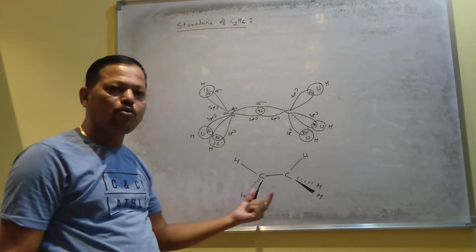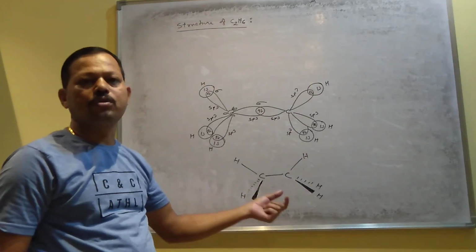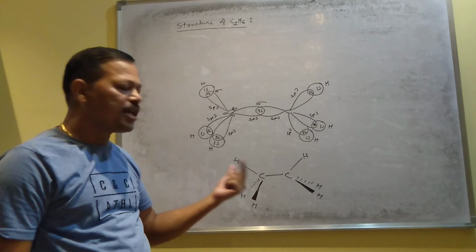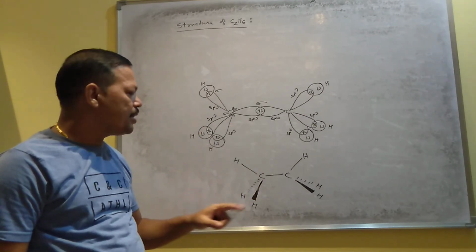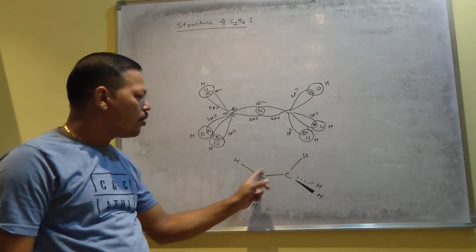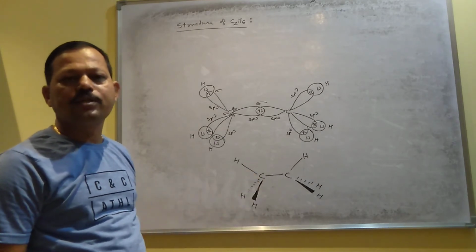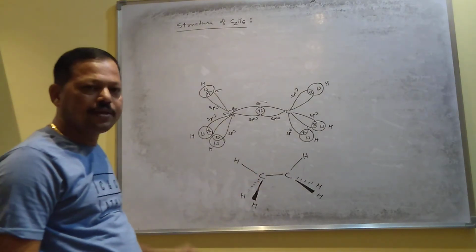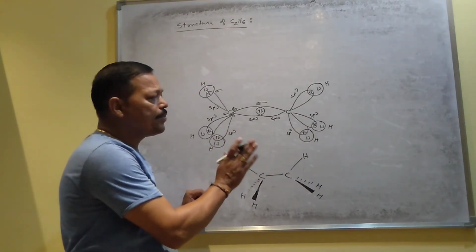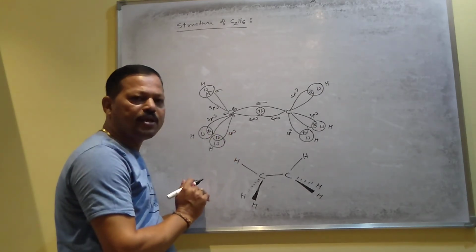And if someone asks you what the shape of ethane is, here also the shape of ethane is tetrahedral due to sp3 hybridization, and all the bond angles are 109.5 degrees. So this is about sp3 hybridization.